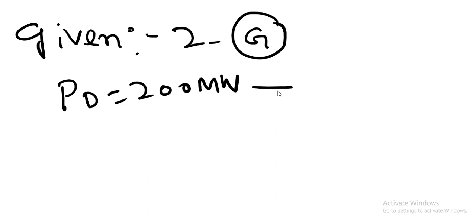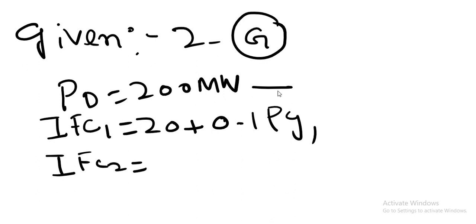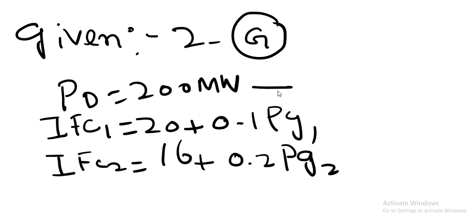And incremental fuel costs are given as IFC1 equal to 20 plus 0.1 PG1, IFC2 equal to 16 plus 0.2 PG2.